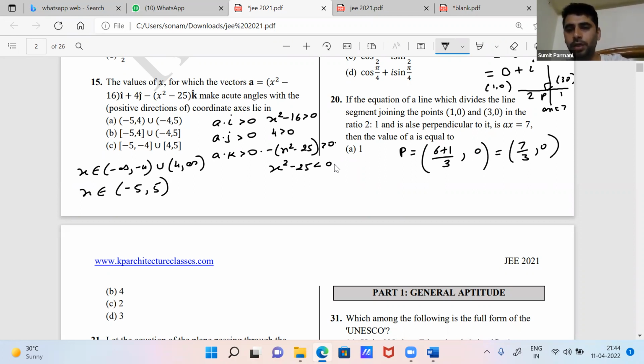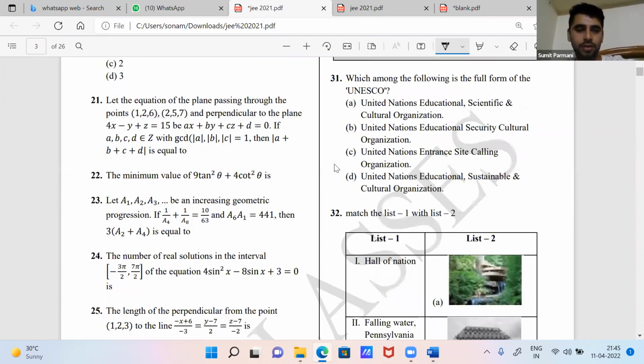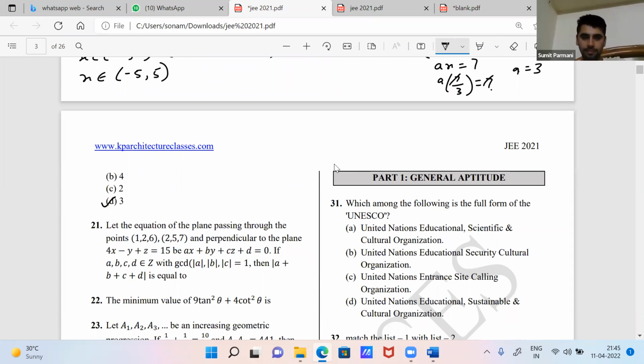So you can put AX = 7. That means A into 7 by 3 is equal to 7, because this point P lies on this line. 7 will get cancelled, so the value of A is 3 directly from here. You don't have to solve anything else. So this is the 20th one.